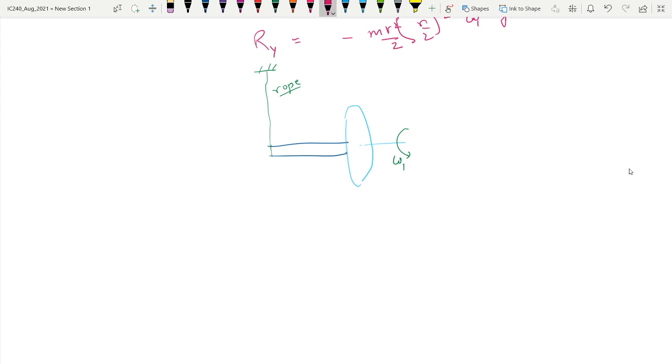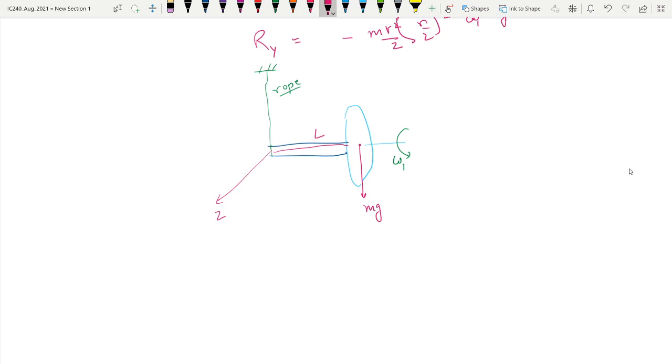Now you can assume that gravity is going to create a torque in the z direction, right? So this is L. The gravity is going to create a moment along the z direction, in fact in the negative z direction.